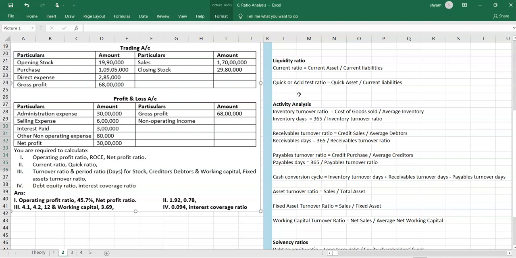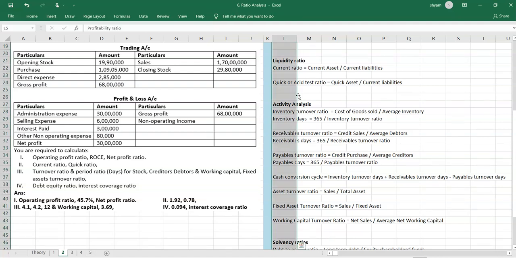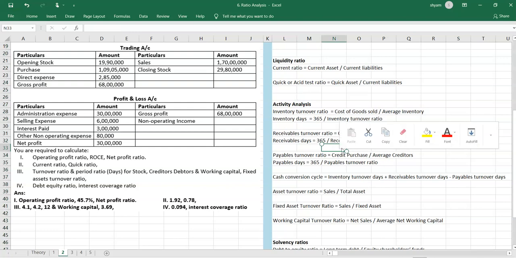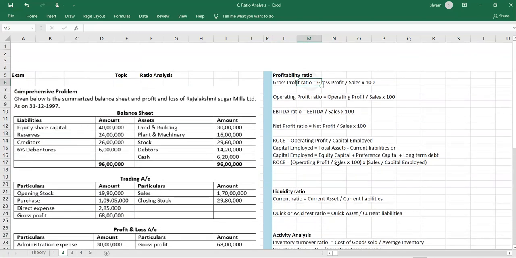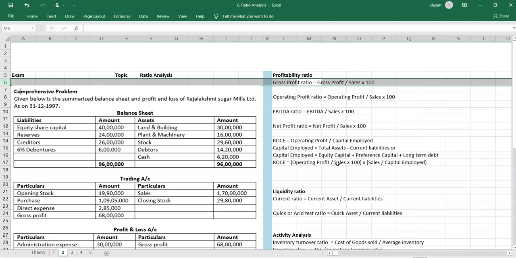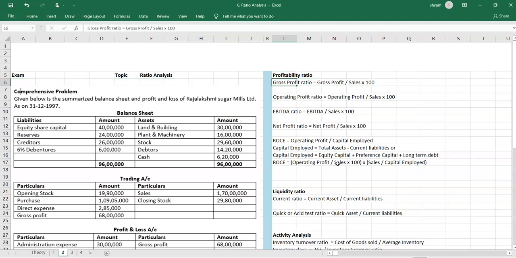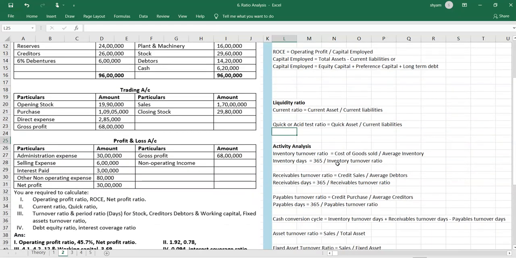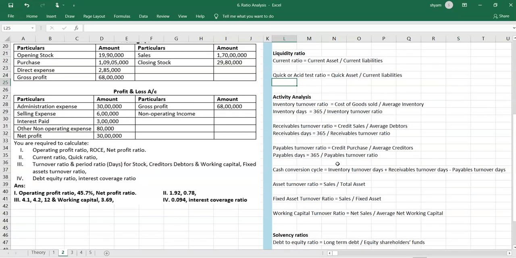Okay, so first we will see what the various ratios are that they are asking. It is operating profit, ROCE. So this is not there. We do not have gross profit ratio. EBITDA is not there. In liquidity ratios we have current ratio and quick ratio.